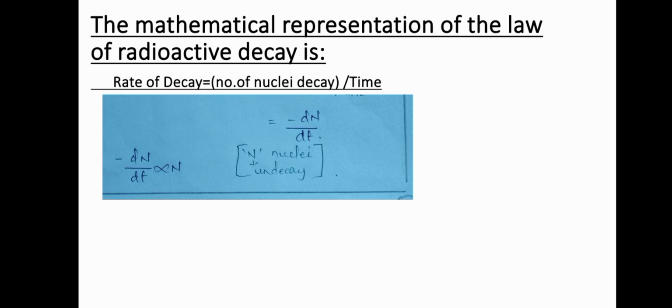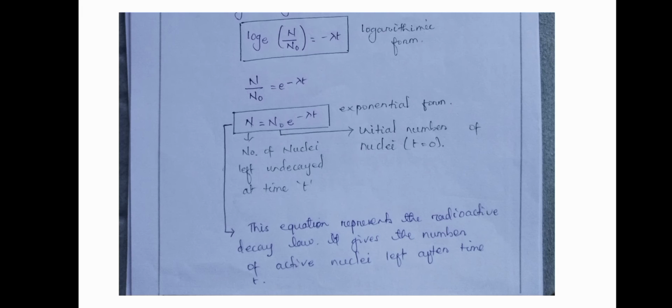I have pasted my notes on it so you can see the calculation. At last, after calculating, we get the value N equals N naught e to the power minus lambda t. N naught is the initial number of nuclei and N is the number of nuclei left undecayed at time t.